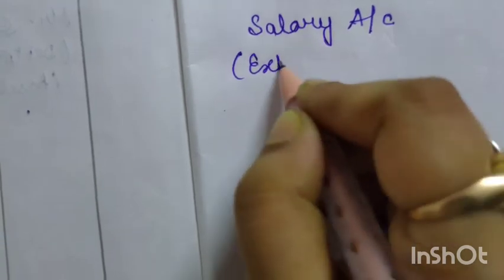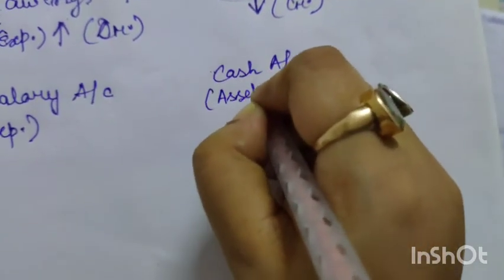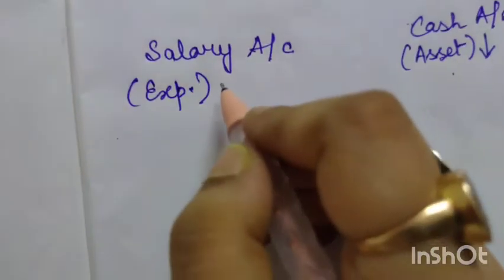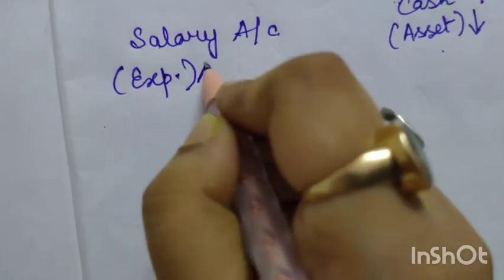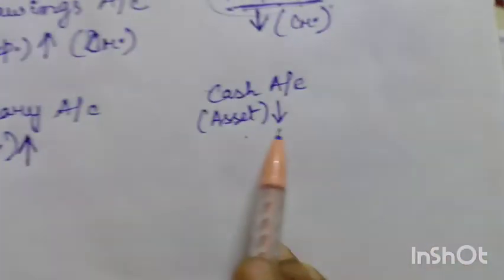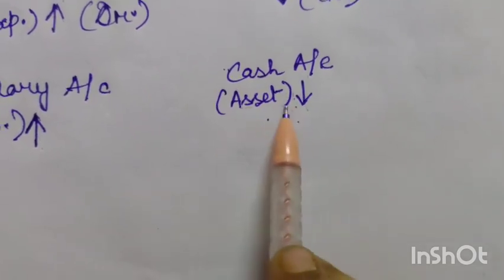Now salary is an expense for us. Okay, and whenever we will pay the salary, then obviously our cash, that is an asset, will decrease. Here our expense will increase, since we will pay the salary, that means it is an expense, so this expense will increase, and as we have paid the money, our cash balance will decrease, and cash is an asset.